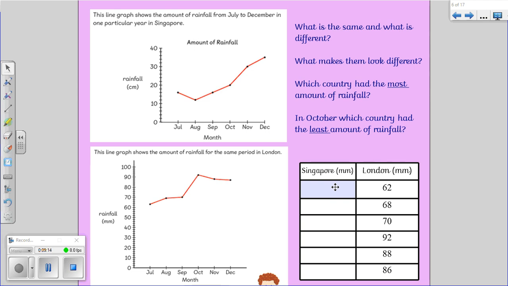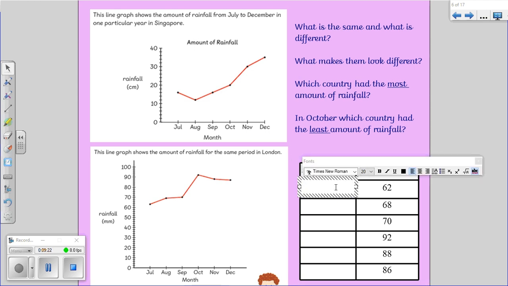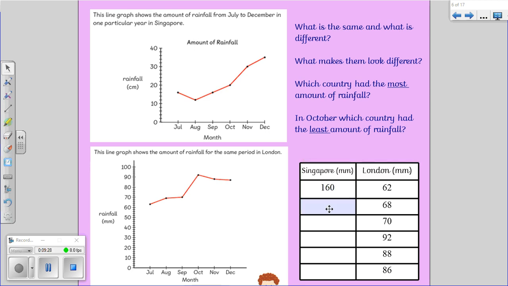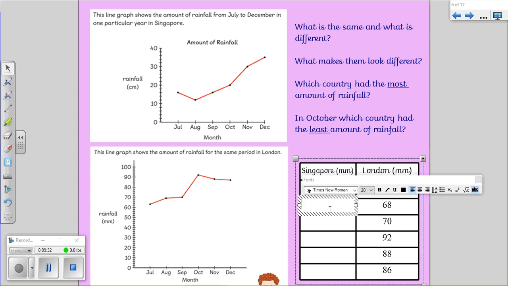So the amount of rainfall for Singapore for July is 16 centimetres. So if I times that by 10, that will be 160 millimetres. And if we look at August, it's 12 centimetres, so it would be 120 millimetres.